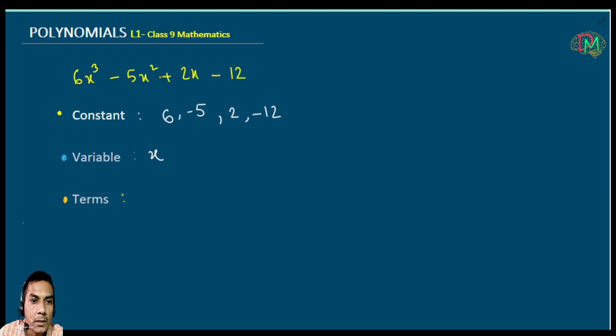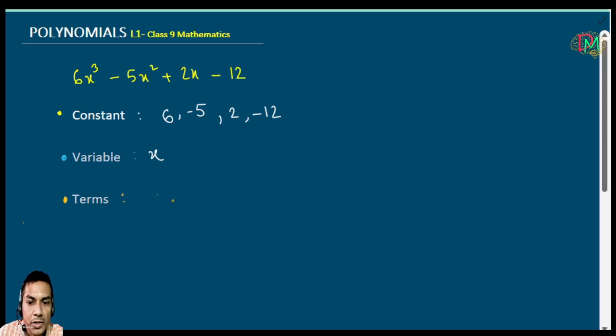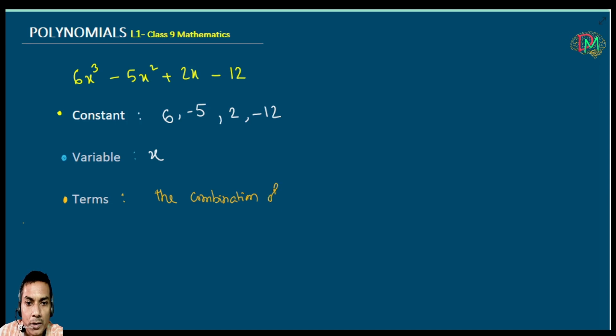So next we learn what a term is. A term is actually the combination of four things: first is the sign, next is the number, next is the variable, and then the power.